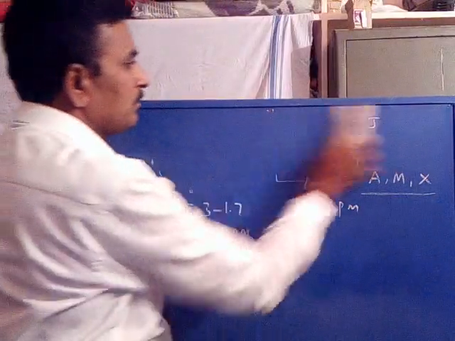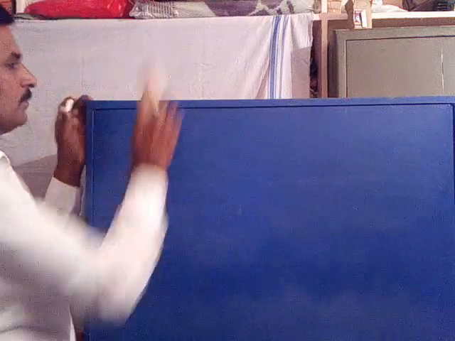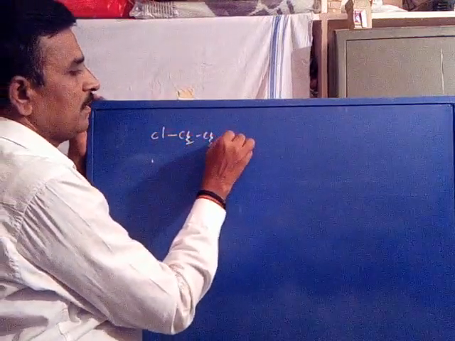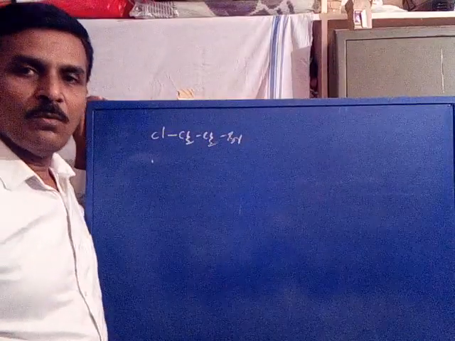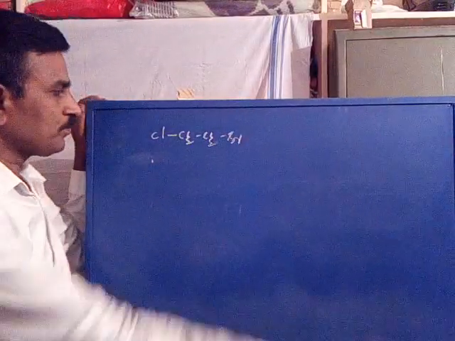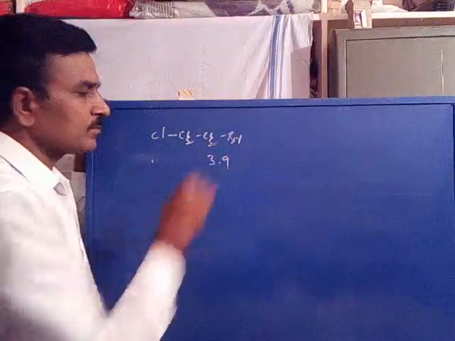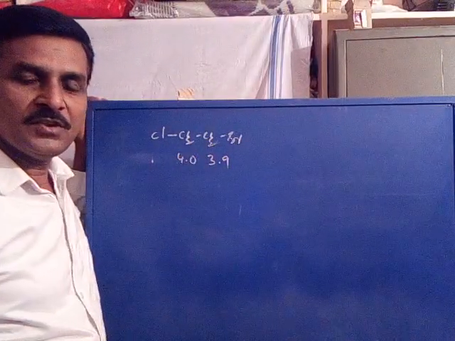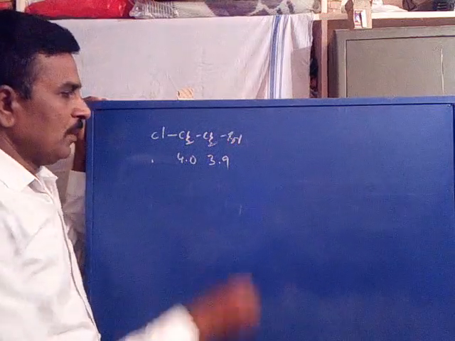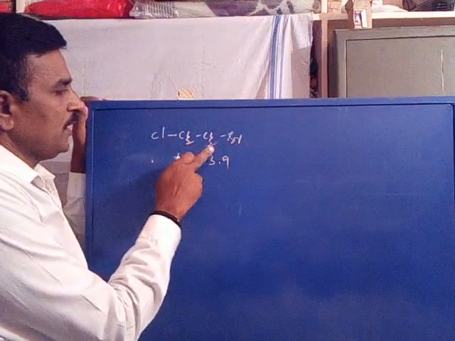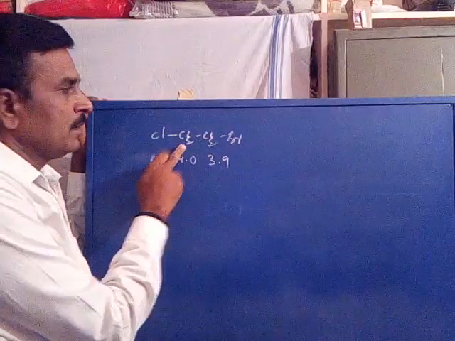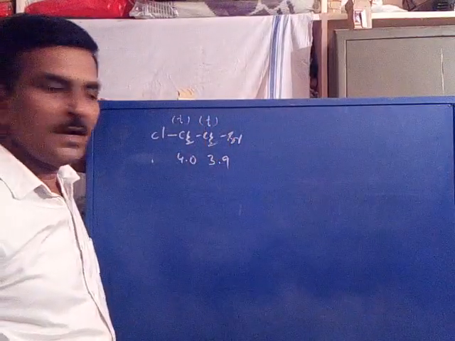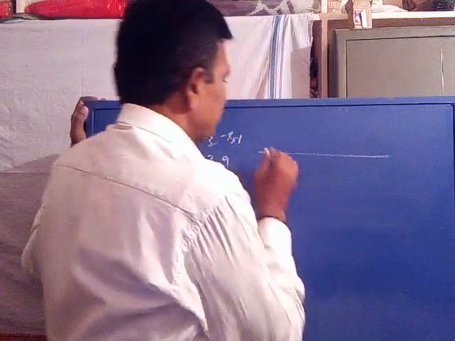for example, you take Cl CH2 CH2Br, chlorobromoethane. Now 3.9 for CH2Br, 4.0 for CH2Cl. Now the CH2 and CH2 are both in coupling, and appear as a triplet and a triplet. So there are two triplets in the NMR spectrum.